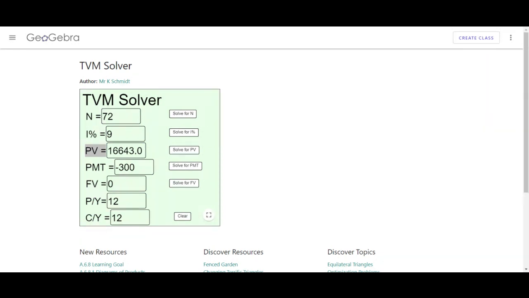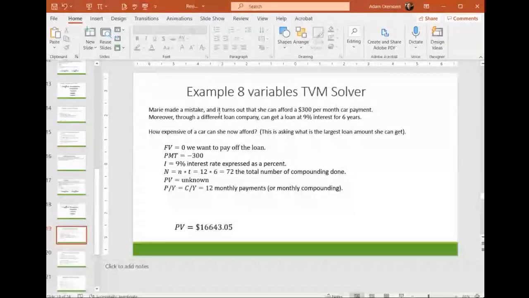We're off by a penny, so to say. That's all right. So we have all this in here. Now let's get back to the notes.